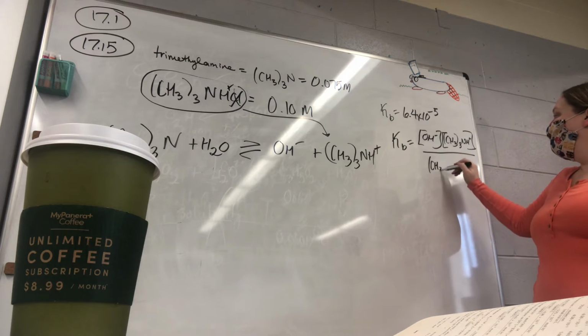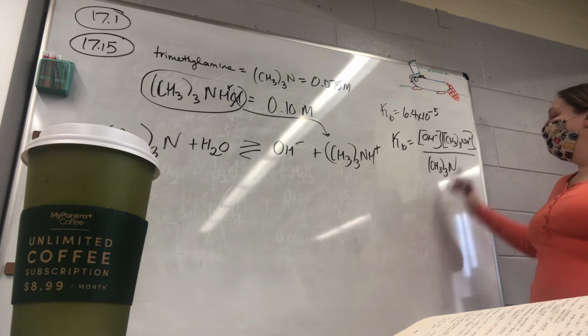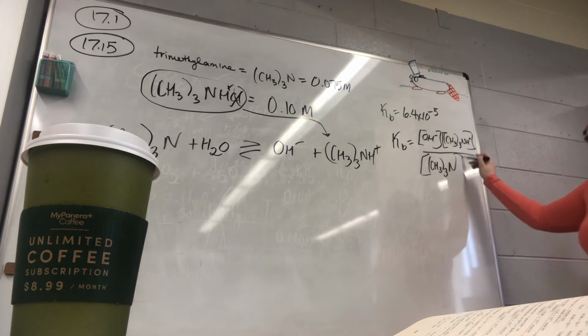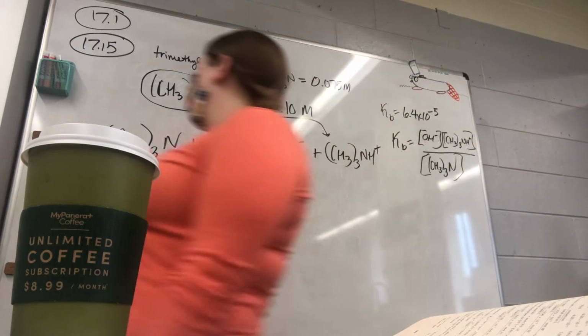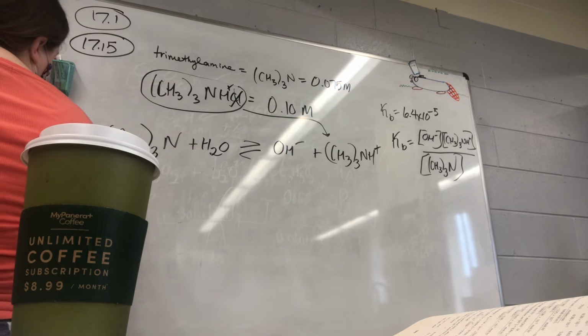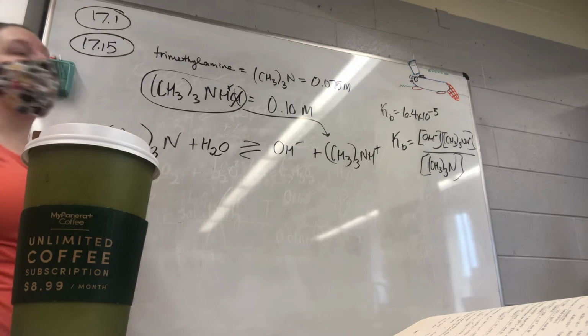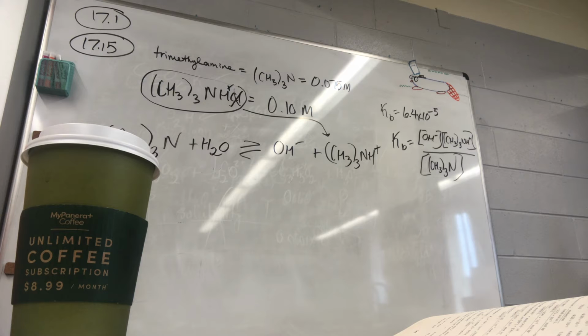Okay. It's a long word. All right, what's next? Plug and chug. No. Write the ICE table. In our ICE table, the most satisfying thing to do is to figure out what you don't need. What do we not need? Water.